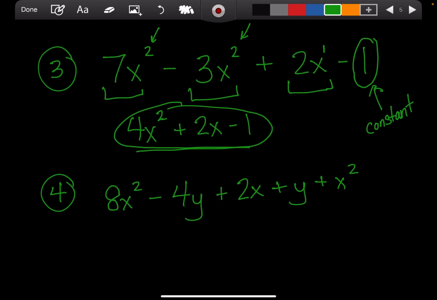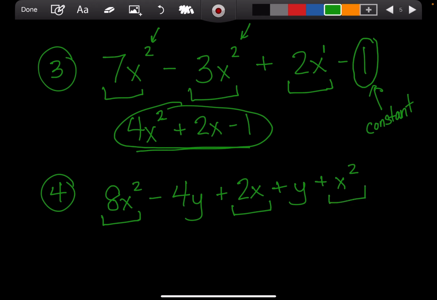Example number 4, 8x squared minus 4y plus 2x plus y plus x squared. All right, so we're trying to figure out which terms have the same variable with the same exponents. So technically we have 3 terms here that have the x variable in it.